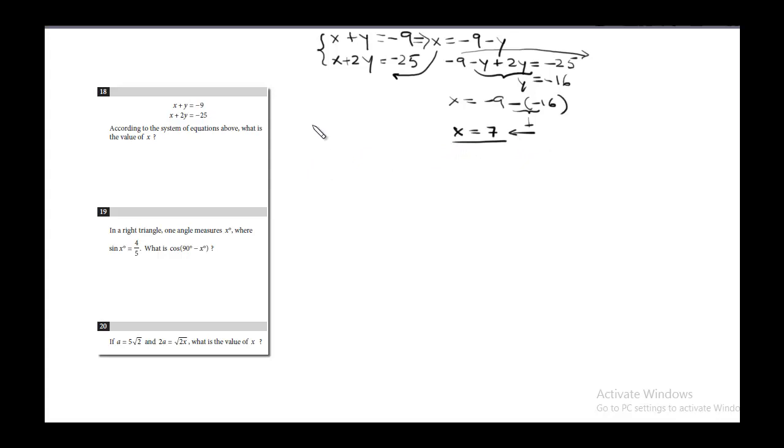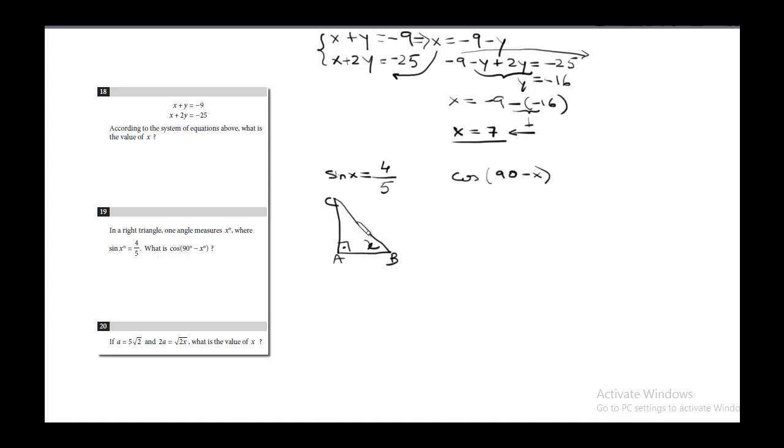In number 19 we are told that sine x is equal to 4/5, and x is an angle in a right angle triangle. So this is the angle x, and the triangle is right angled. We are asked to find cosine of 90 minus x.